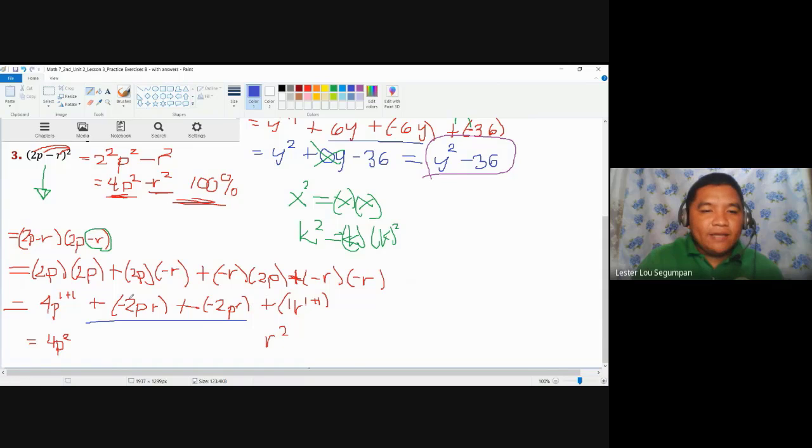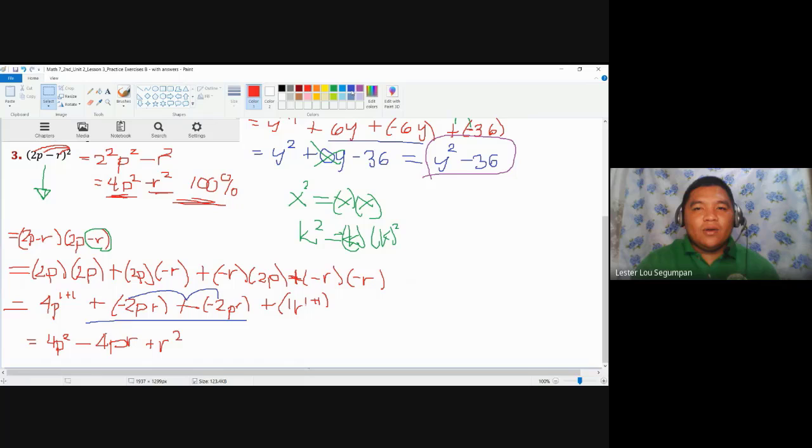So negative 2 plus negative 2 is not 0, but it is actually negative 4pr. And then since this is plus, I'm going to just simply move it here. Therefore, the result for this product of two binomials is 4p squared minus 4pr plus r squared.